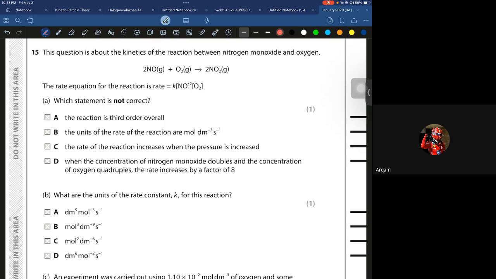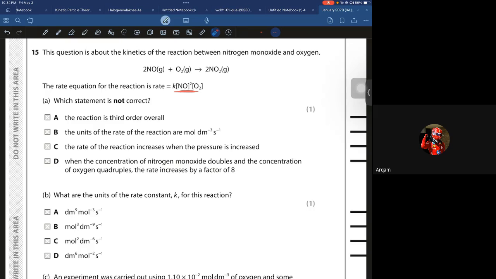D for doctor, right? They are saying nitrogen monoxide is second order, and when the concentration of nitrogen monoxide doubles and the concentration of oxygen quadruples, the rate increases by a factor of 8. Yeah, this statement is not correct.